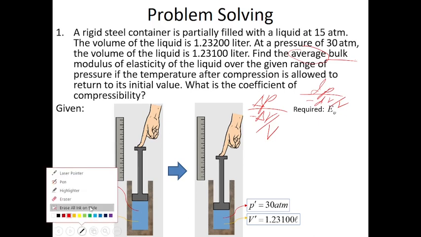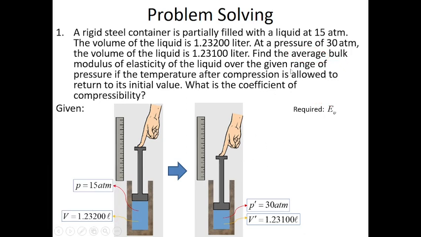So, we can now proceed. Required is E sub upsilon, the average bulk modulus of elasticity, and we also have the coefficient of compressibility, beta.